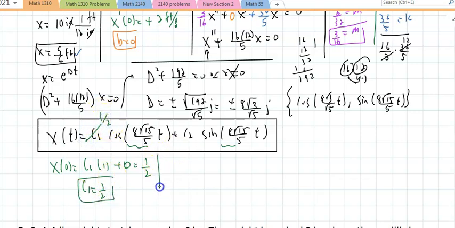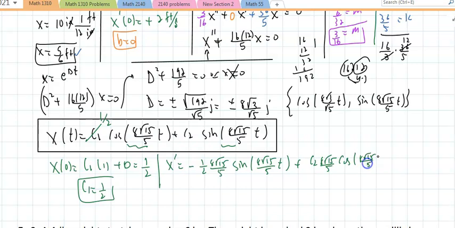Use that. If we take a derivative, that is going to be negative 1/2 times 8 radical 15 over 5, the sine of 8 radical 15 over 5 t, plus c sub 2 times 8 radical 15 over 5, the cosine of 8 radical 15 over 5 t. x prime of 0 would be, the sine will give you a 0, c sub 2 times 8 radical 15 over 5, but that's 2.